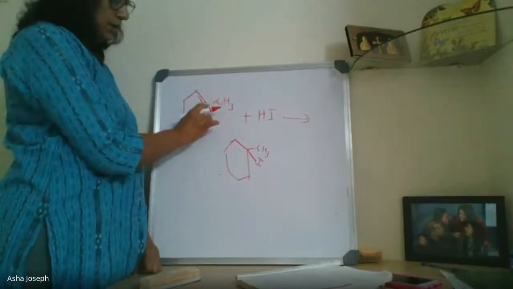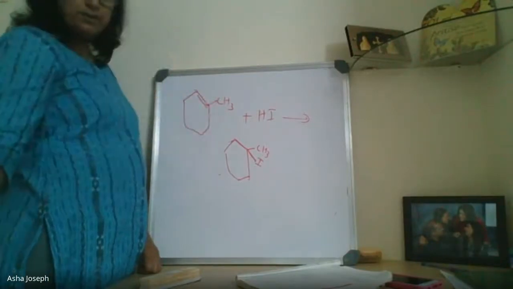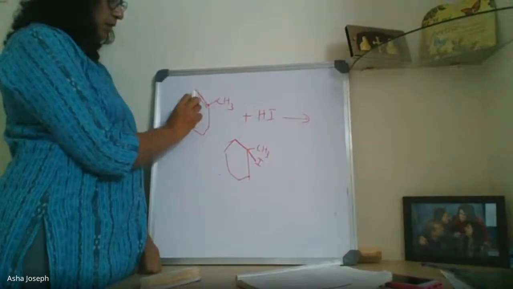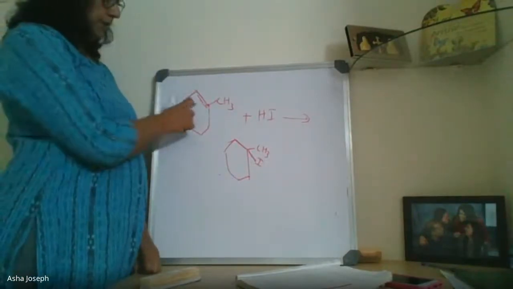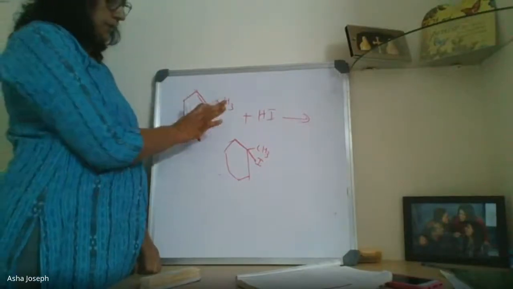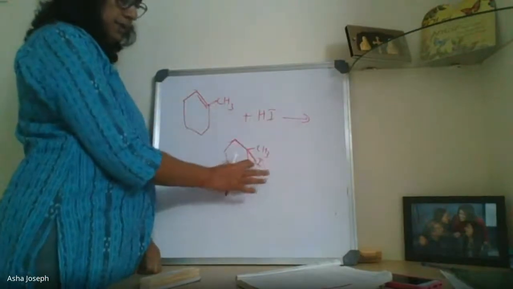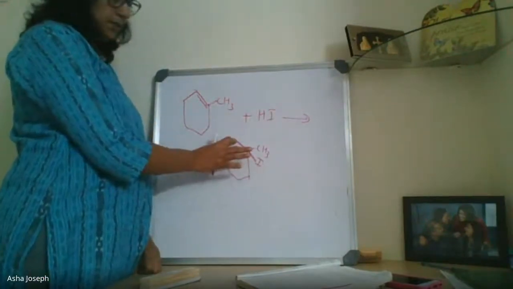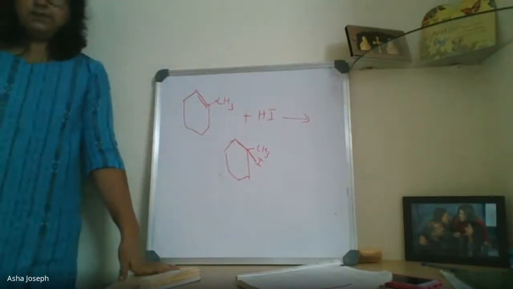You count this carbon: 1, 2, 3, 4, no hydrogen. In this carbon, 1, 2, 3, one hydrogen is there. We are not writing the hydrogen atoms anywhere, but you have to count. So this carbon has fewer hydrogens. So I will come here and H will come here, and we don't put the double bond. This is the product. Understood, Ruchi?